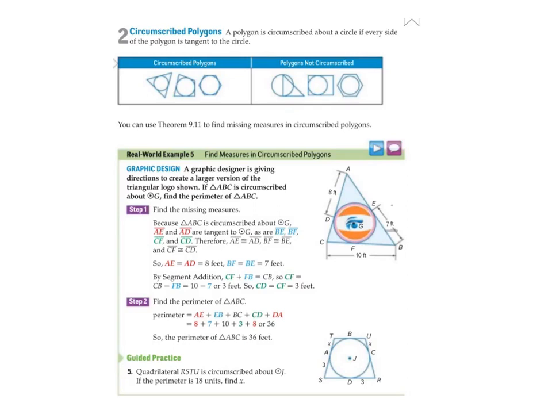Well, from B to F is also 7 feet, which means that from C to F must be 3 feet, because the 3 feet plus the 7 will make the 10. So if this is 3 feet, CD also has to be 3 feet. And then if A to D is 8 feet, A to E must be 8 feet. Everything from a point to the tangent must be congruent.